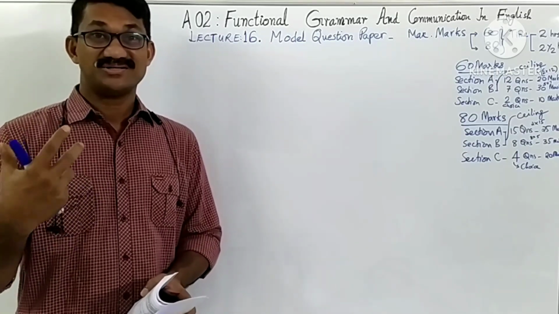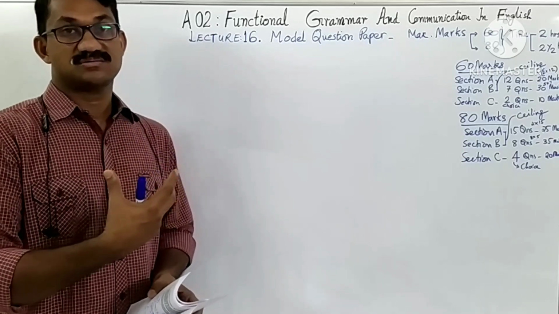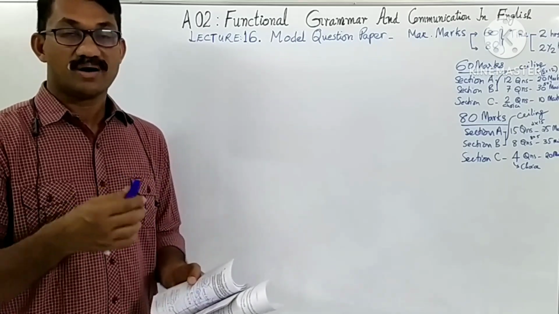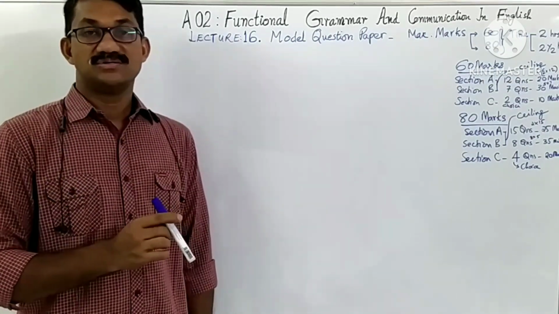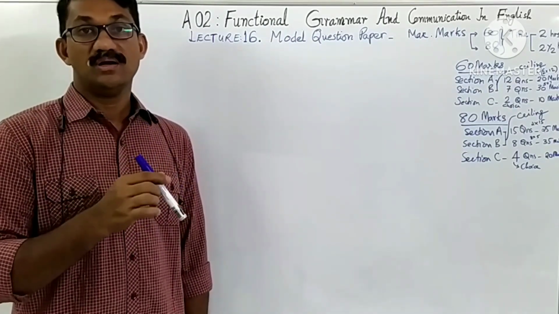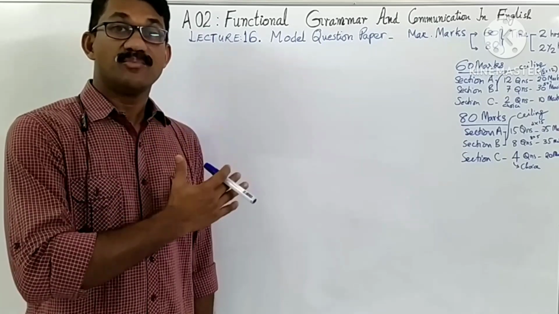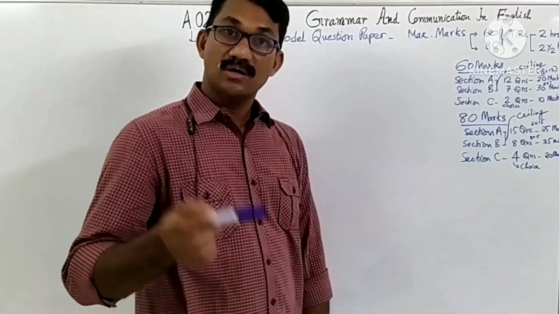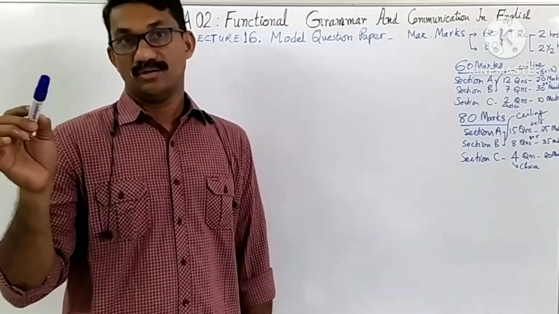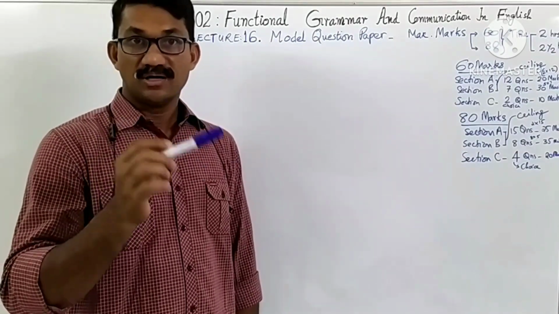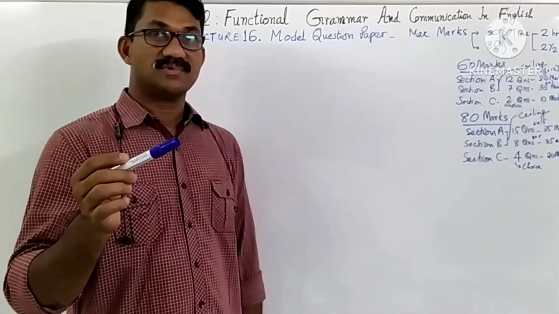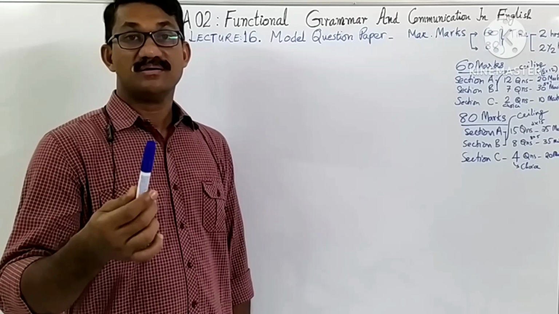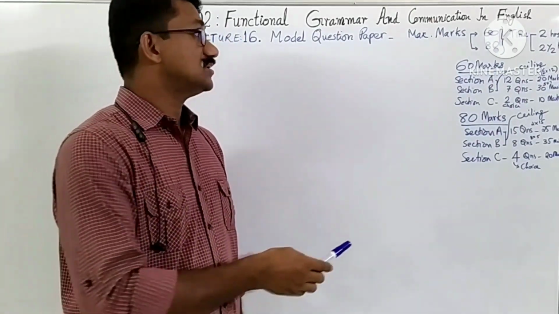So we have different patterns of marks for the first semester A02 examinations, also for A01. The autonomous college A02 students will have to answer a number of questions, the maximum mark of which is 80, whereas the regular colleges of the University of Calicut, regular or self-financing colleges, and the distance education, the score is 60.